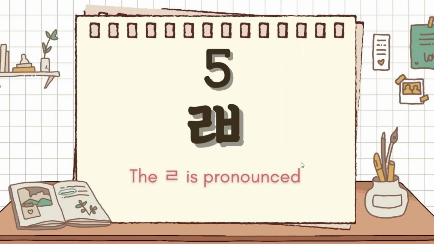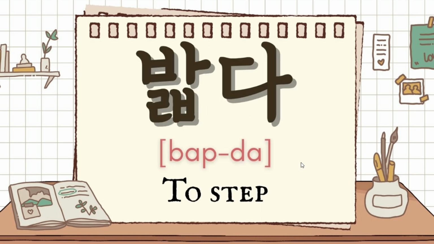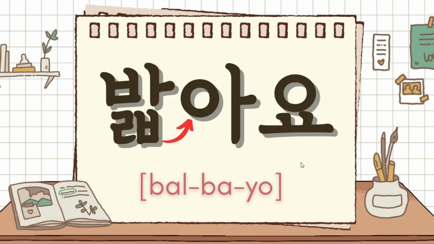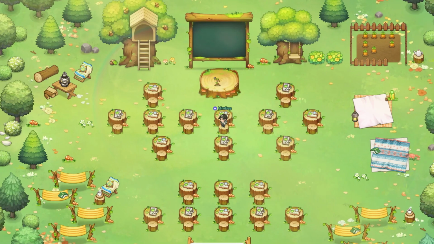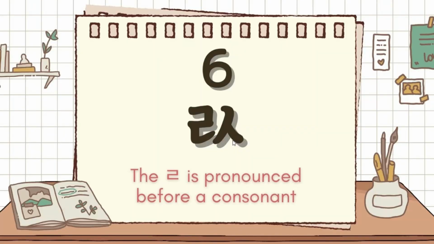The fifth one is 리을 plus 피읖. When you have this double 받침, the 피읖 is pronounced, okay? Look, 밟다. And when you have a vowel, 밟아요. The 피읖 carries over that vowel. The next one is 리을 plus 시옷.